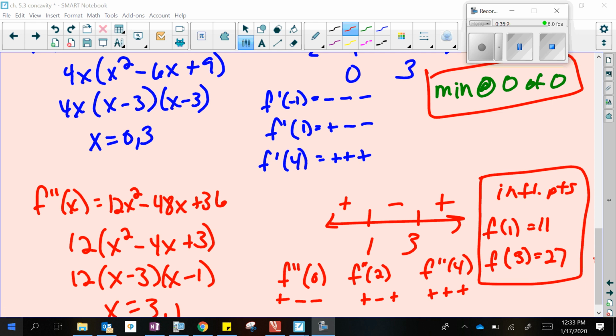My line at 3 is negative and then positive. Right, more like just a little swoosh kind of thing. Okay, questions about that? All right, so that is what you want to do on the 2 problems that I gave you. You want to take it start to finish like this. Does that make sense?